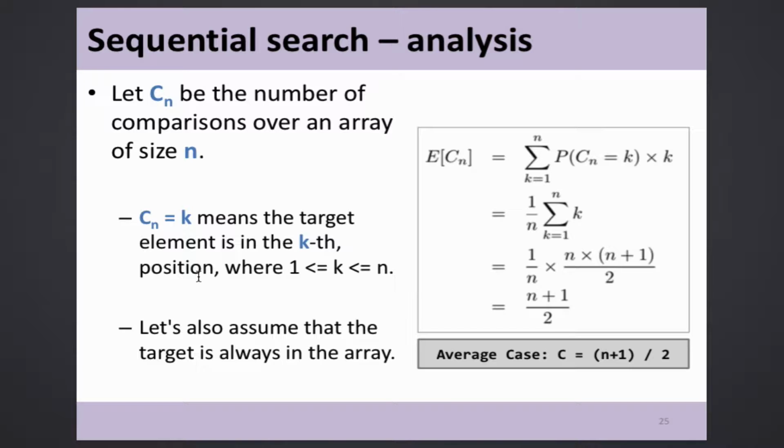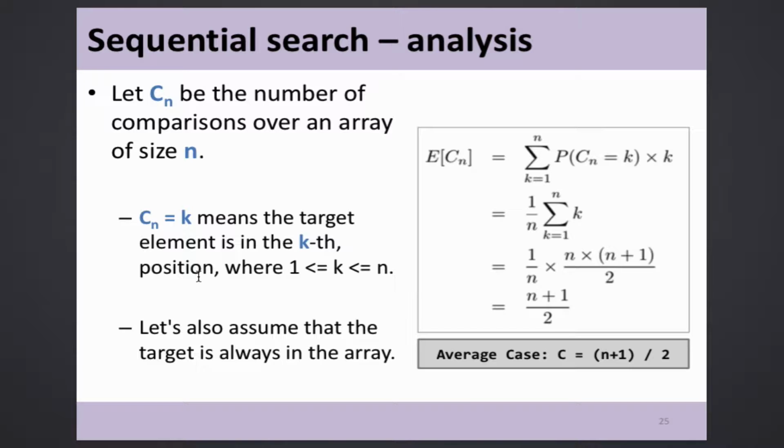Okay? Now let's say we want to count how many comparisons before I found the number. It basically means the equivalence: the target is such that Cn equal to k. Cn equal to k just means I looked through k comparisons and I found the number.